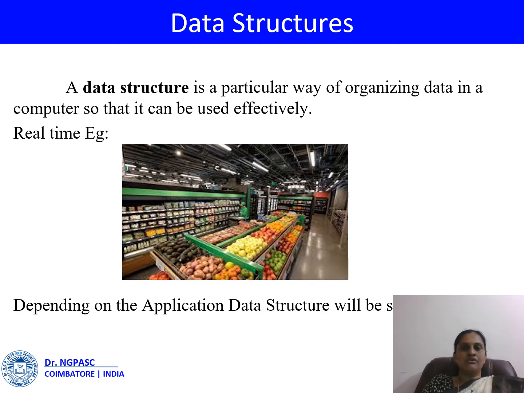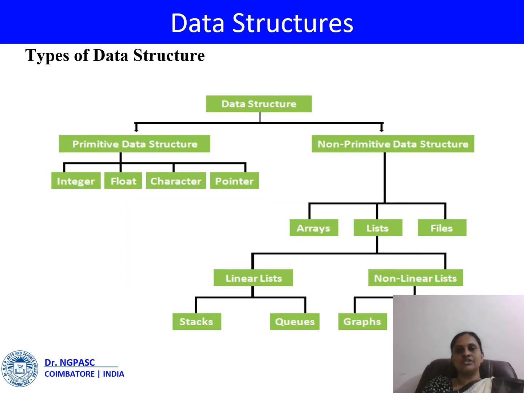As I have already told, there are a number of data structures available. Now we can see the basic classifications of data structures. A data structure can be classified into two types: primitive and non-primitive.